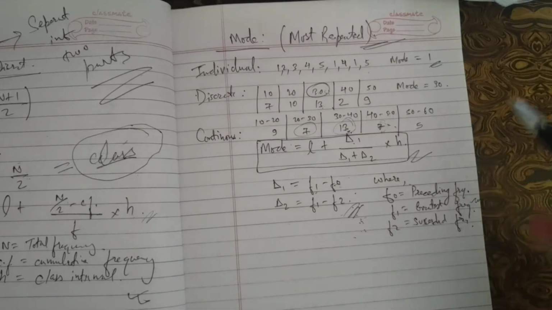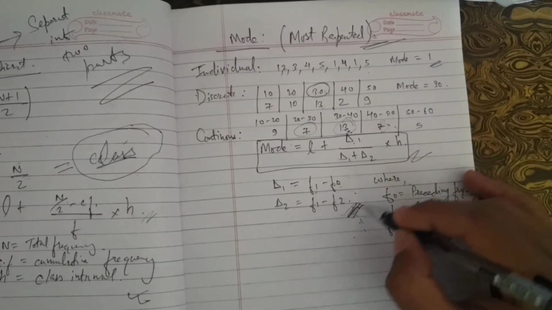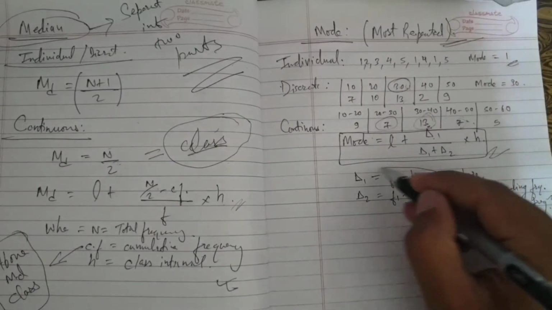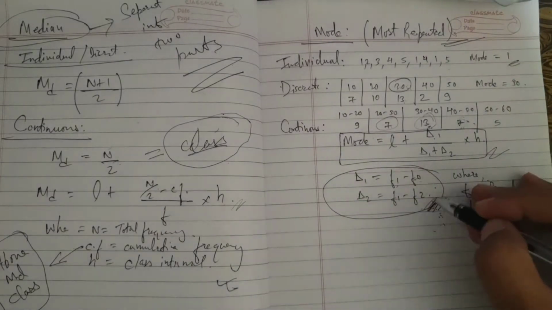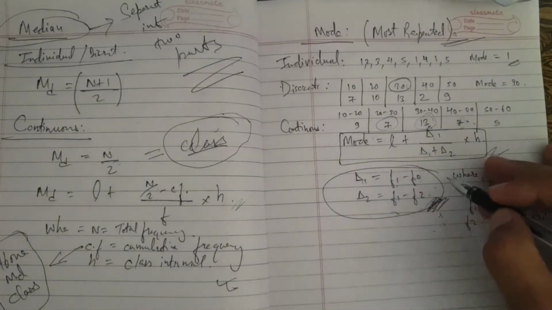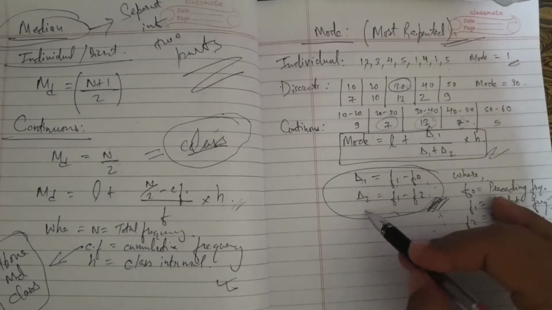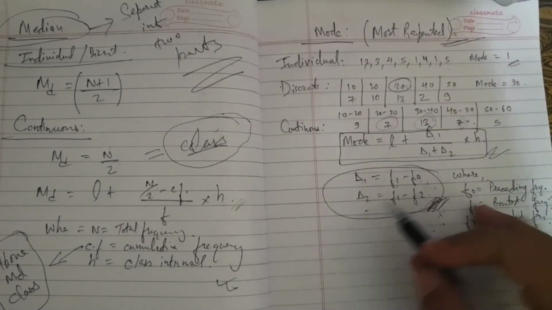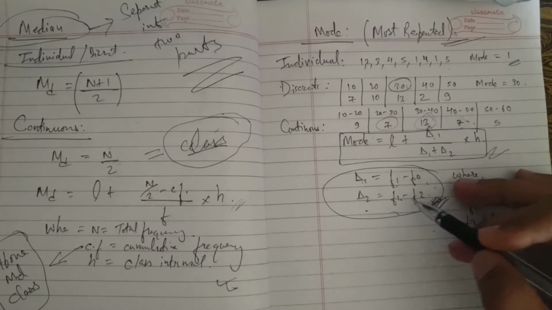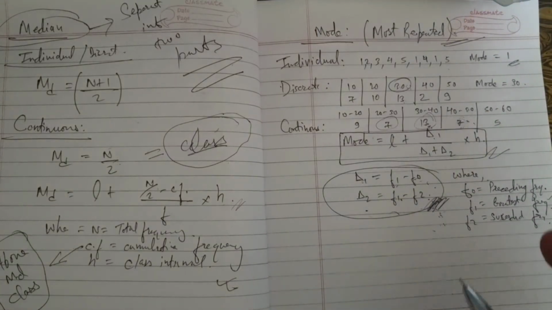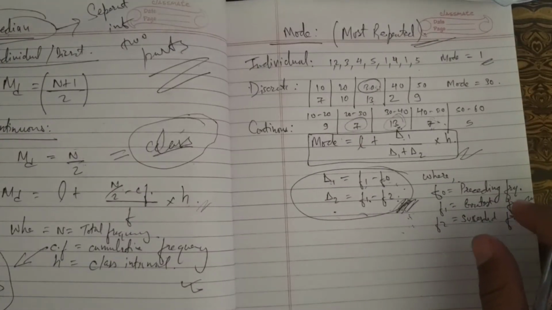Always remember that. People get confused over here when they are trying to figure out delta. Delta 1 is pretty easy, if you have a rough idea, you will solve it. But when they are writing the delta 2 formula, they write f2 minus f1. That's where they mess up, and then they lose a lot of marks.